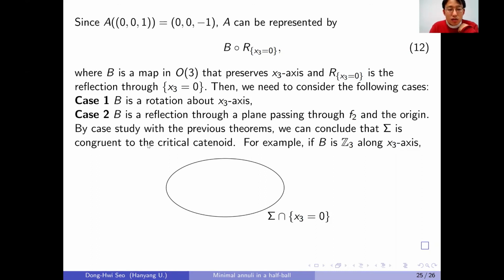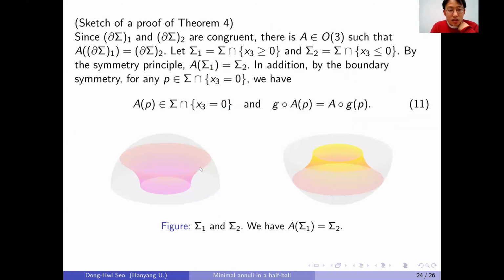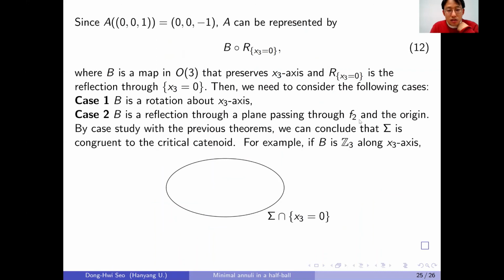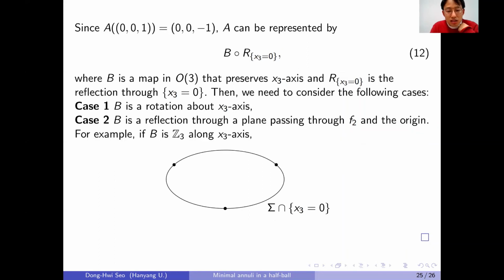Briefly, for example, if we consider case 1 with B a rotation about the x3 axis, then from the previous relation, if you have a point in sigma in the equatorial disk, then we have these three points.